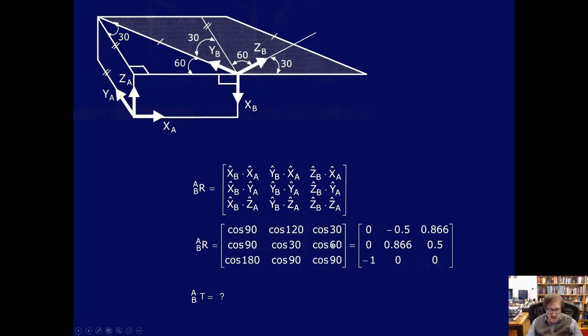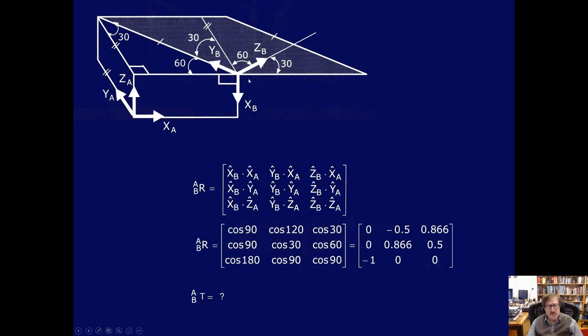But you see, this type of representation makes it rather easy for us to solve complicated looking problems like this.